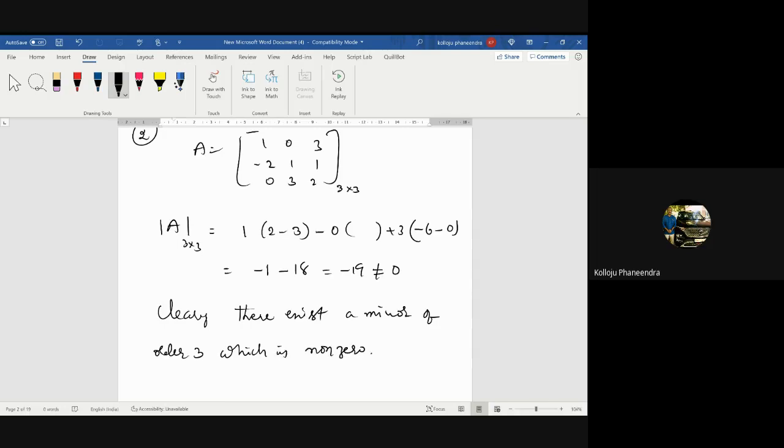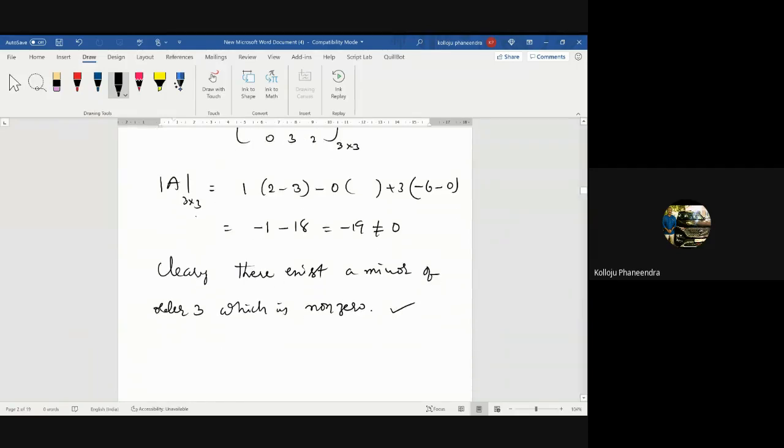So the first condition is satisfied. Coming to the second condition, I have to select a matrix of order higher than R. The maximum order is 3 itself, so I cannot create a 4 by 4 matrix. So the first condition is enough for this matrix; the second condition is not applicable. Therefore, the rank of the matrix is 3, the order of the non-zero minor.